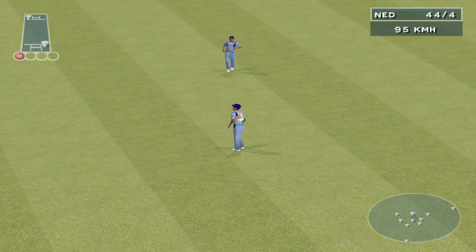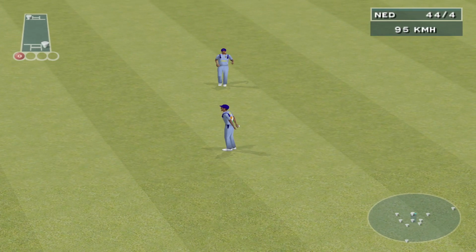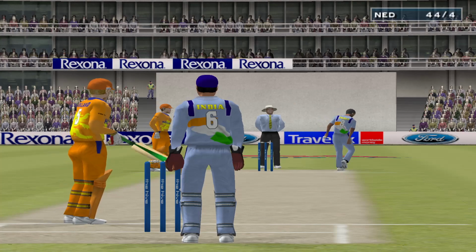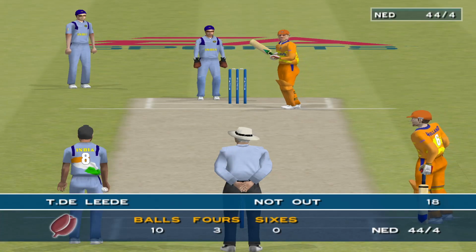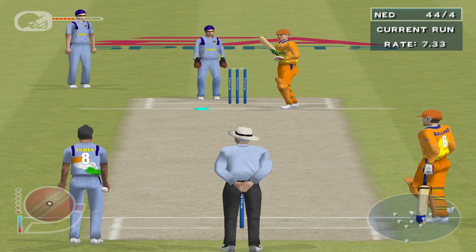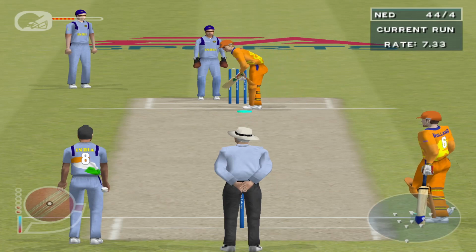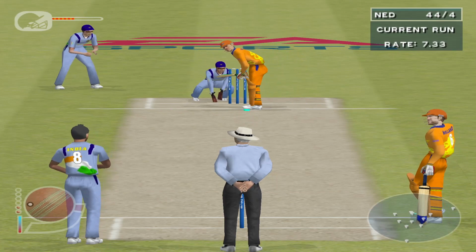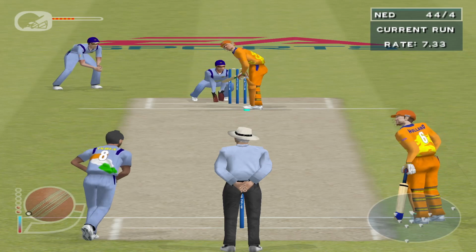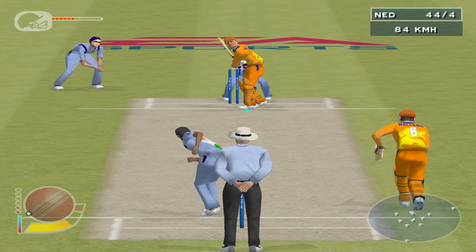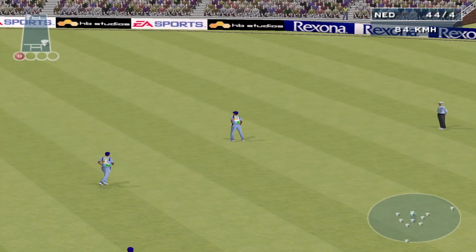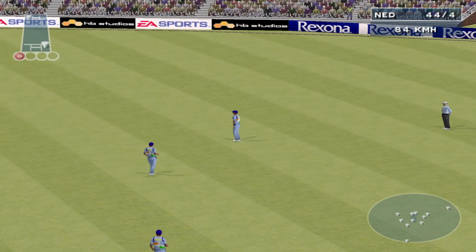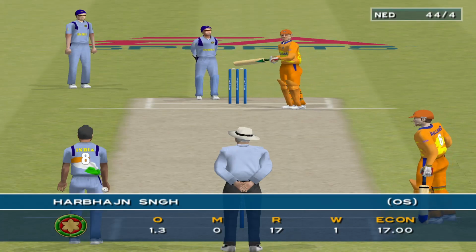Stopped by Kumble. Harbhajan Singh continues. It's straight at Agaka. Harbhajan Singh continues.